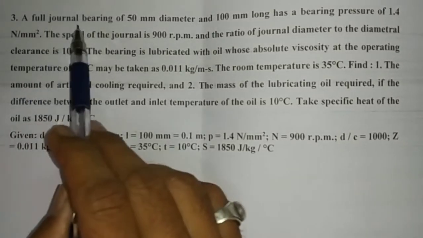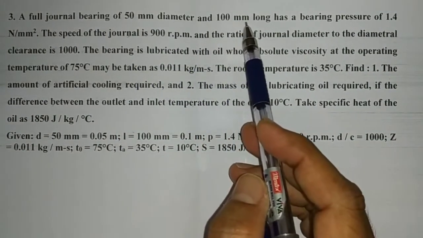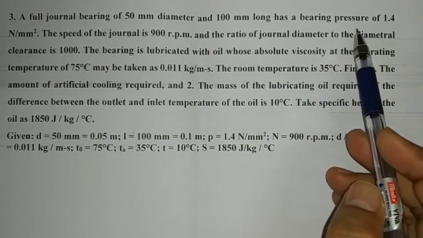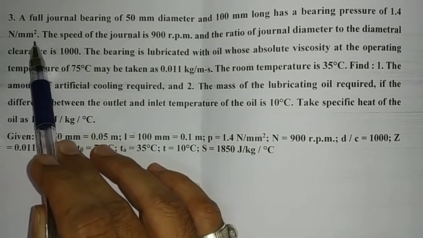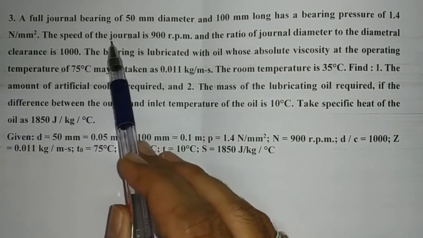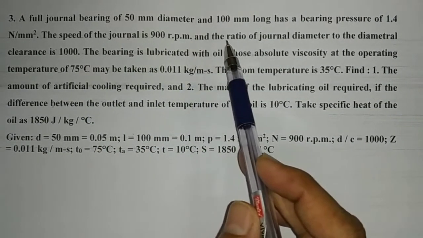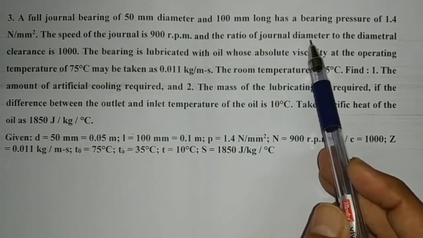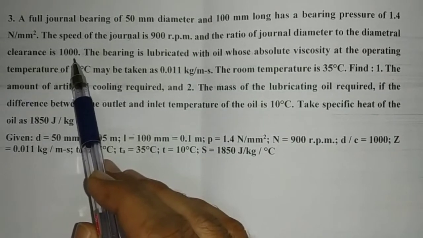A full journal bearing of 50 mm diameter and 100 mm long has a bearing pressure of 1.4 Newton per mm square. The speed of the journal is 900 rpm and the ratio of journal diameter to the diametral clearance is 1000.